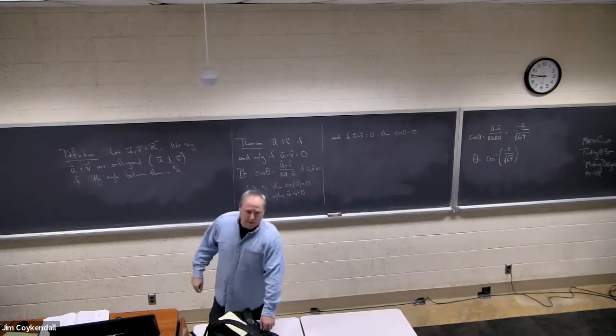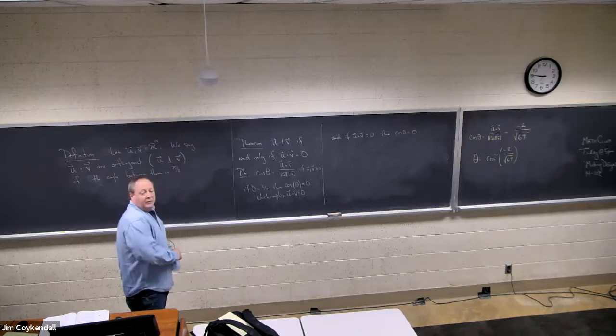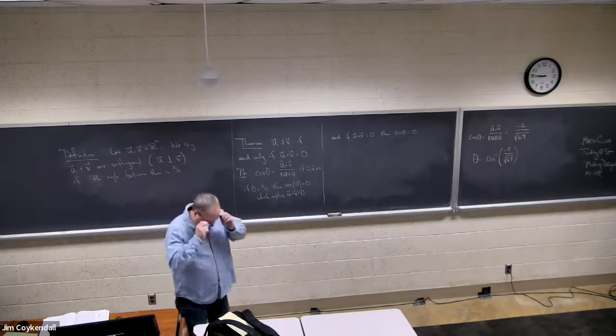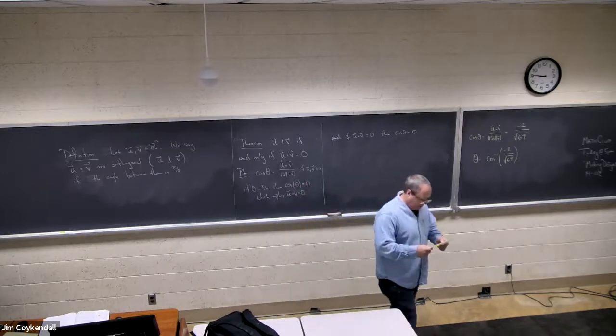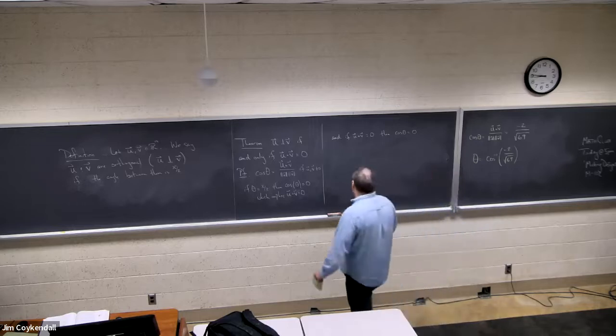Why is it only pi over 2 and not like 3 pi over 2? Because the inverse cosine function only returns values between 0 and pi. You can recalibrate it if you want, but you can always assume it's between 0 and pi. Let me give you a follow-up theorem to this.